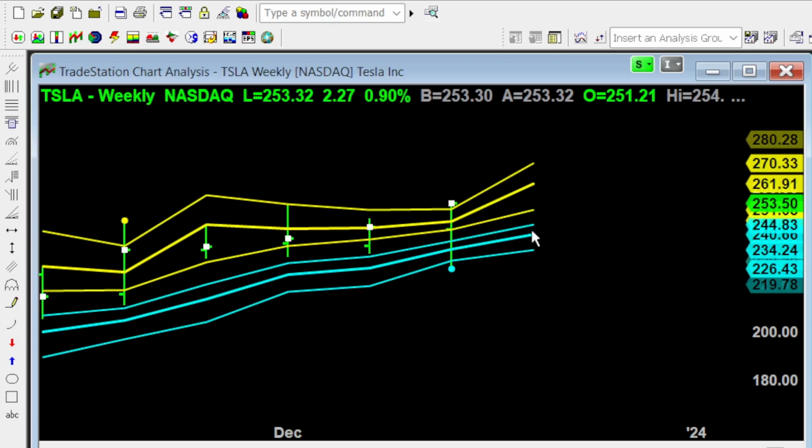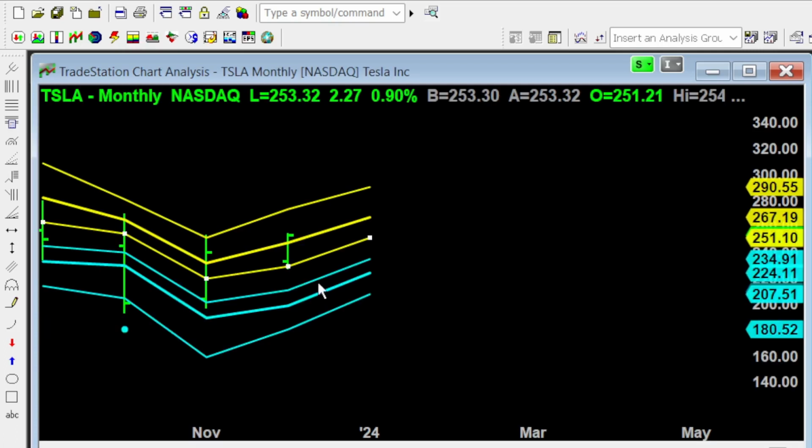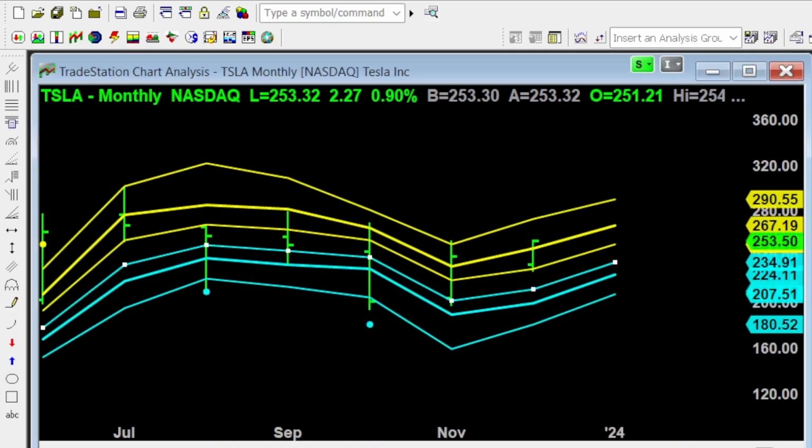It depends. Generally for this month, if I change to the monthly chart, you see it opened above this bottom yellow trend line. So generally this month still has good increasing momentum, and a good possibility to increase up to this top yellow trend line around $270 for this month.